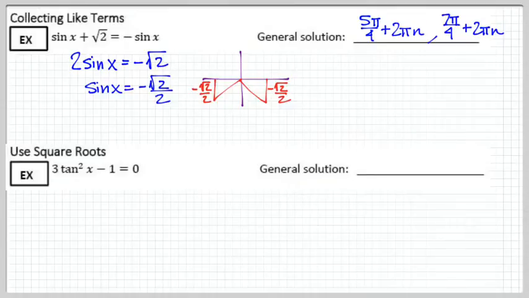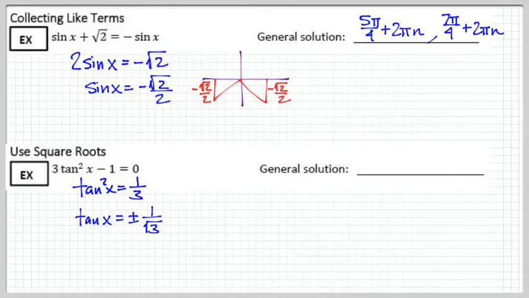We could take the square root as a method, in this case tangent squared. So let's bring all the numbers to the other side. We're going to add 1 to both sides and divide by 3. At this point we're going to take the square root, but don't forget the plus or minus. So in this case, if we were to draw out some cases here, we have this case where pi over 6, we have the tangent of 1 over root 3.